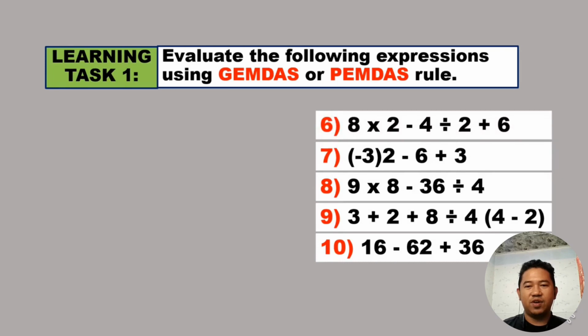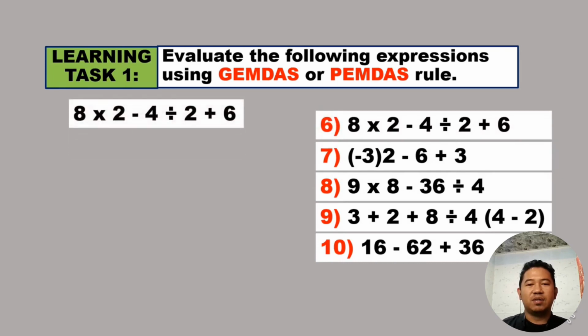So we'll give another set of examples here, okay? So item number 6. So 8 times 2 minus 4 divided by 2 plus 6. So what are we going to do here? Always remember we're using GEMDAS or PEMDAS.